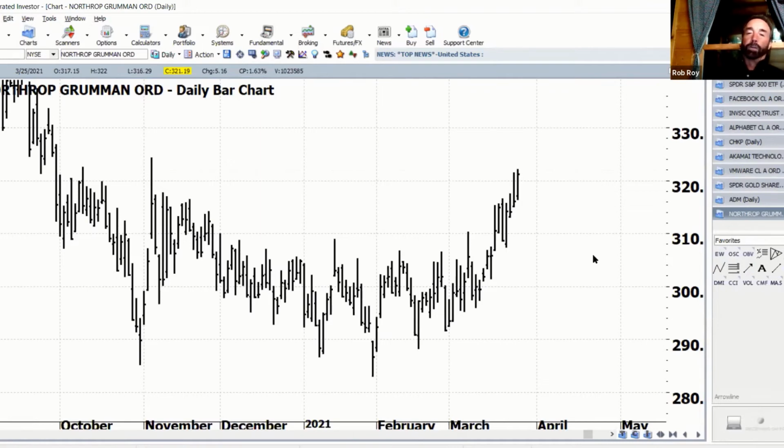Remember, the market always looks ahead. There has been speculation that there is going to be more money than I expected to be put into the defense budget with the new administration. And it looks like the market is feeling the same way, because the market's looking ahead and the market's moving to the upside following a very long consolidation.